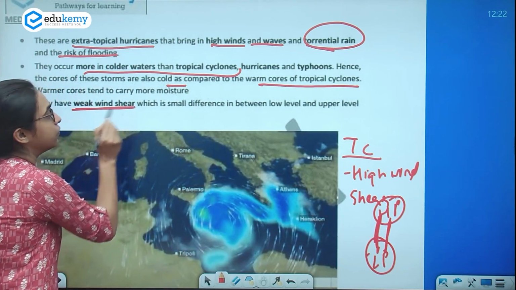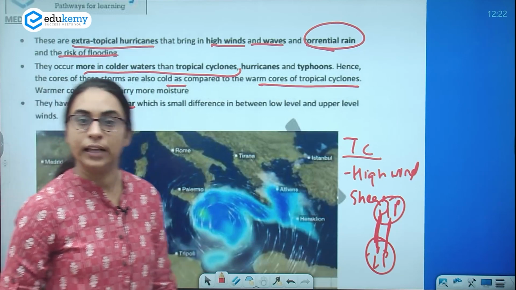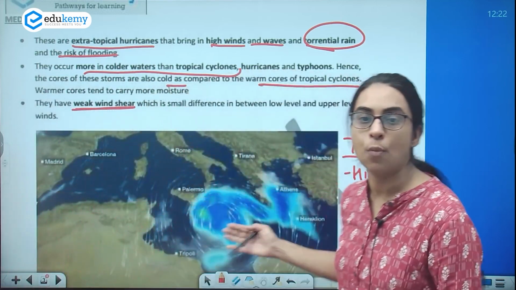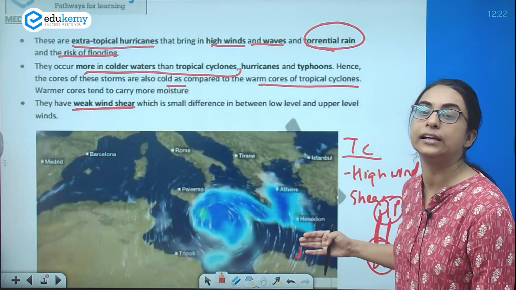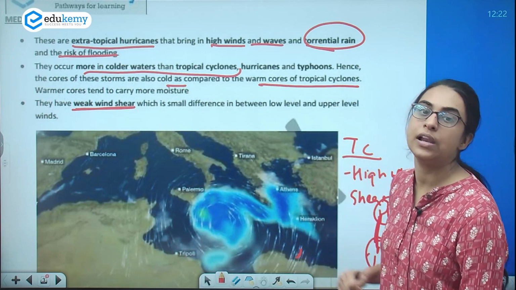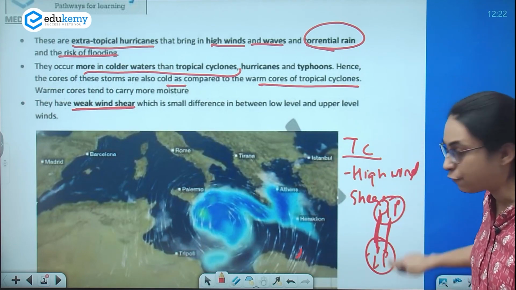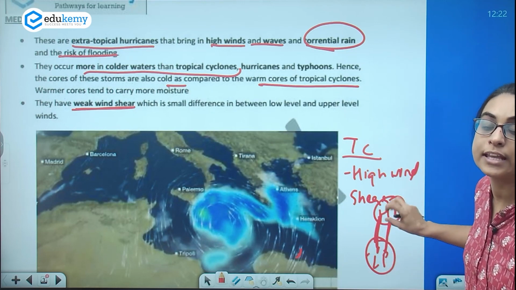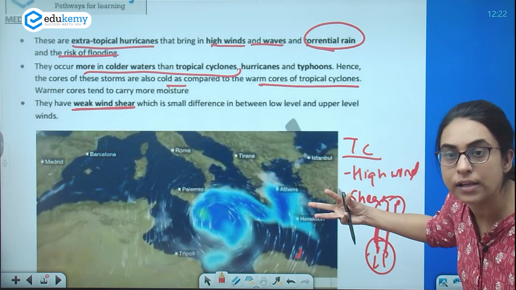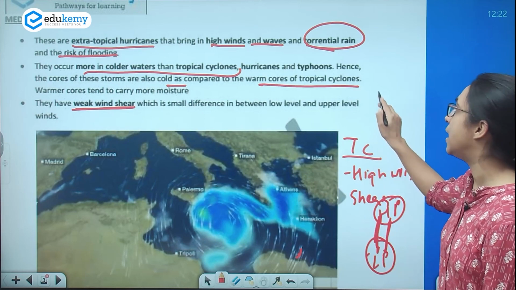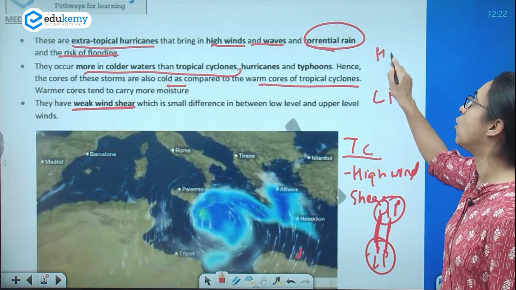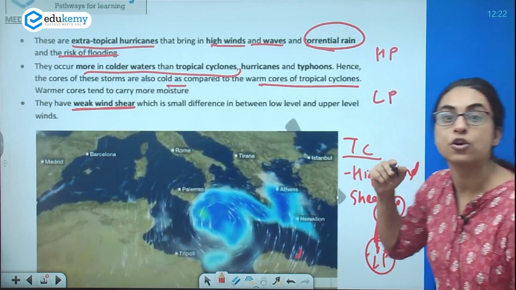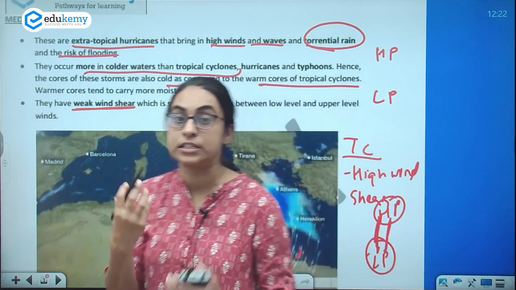That is the difference between the low pressure at the ground level and the upper level high pressure. This difference between the high pressure and low pressure is more developed in the tropical cyclone. But in the Medicane, the difference between low pressure and high pressure is not very stark.